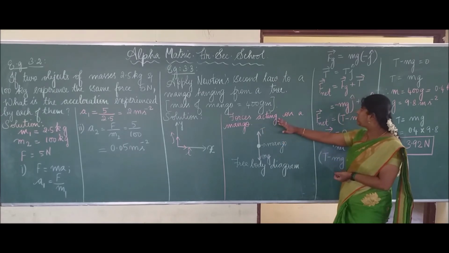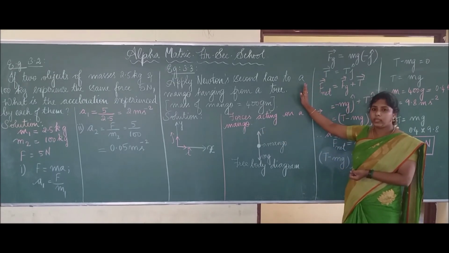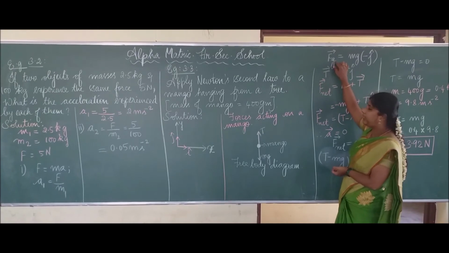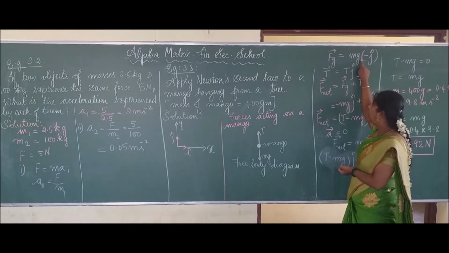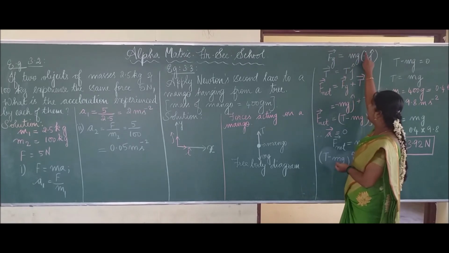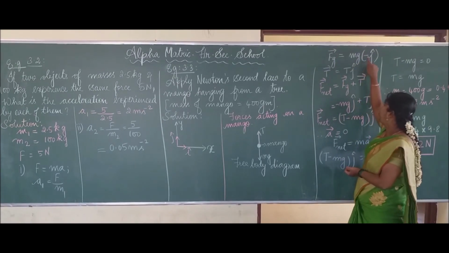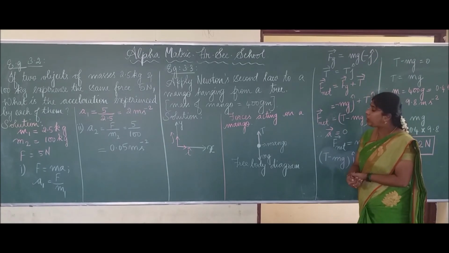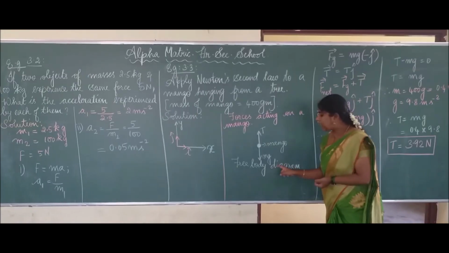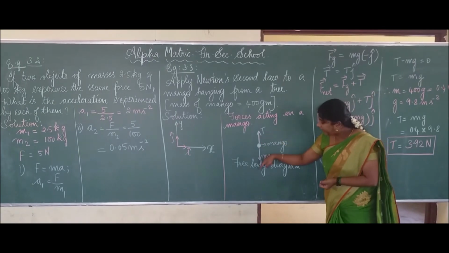In vector notation, we know generally F equals ma. The gravitational force vector Fg equals m into g, and in vector form I put the unit vector minus j cap. Why minus j cap? Because the gravitational force acts vertically downwards in the negative y direction.